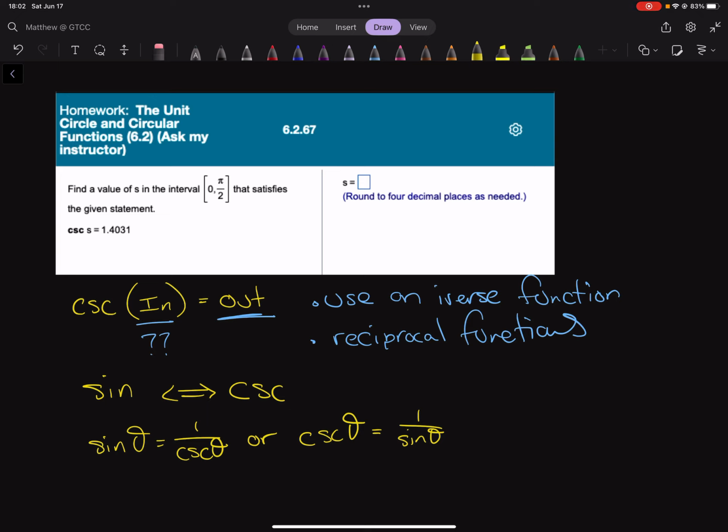That would work if we were given the input and needed to determine the output. We could take the same theta, the same input, put 1 over sine of that input, and calculate the same output.